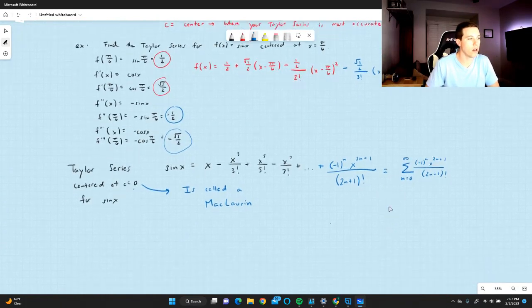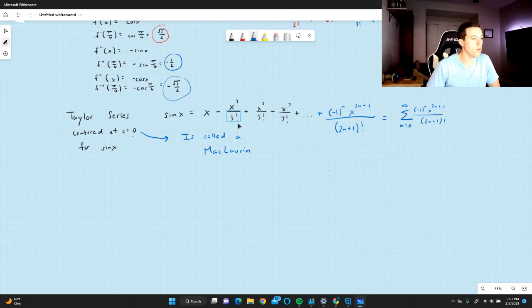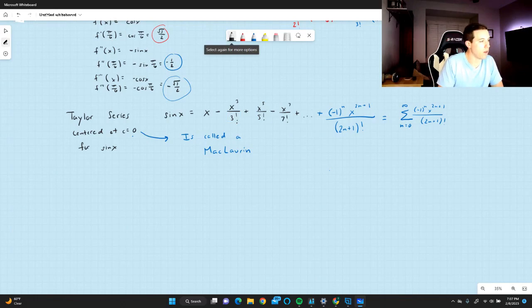There are 2 more. So sine of x is a big one. What's the next big one? Cosine of x. So let's do this one. I'm not going to give you this one. I'm actually going to have us build it. Let's build the MacLaurin, which means it's centered at 0, for f of x equals cosine of x.